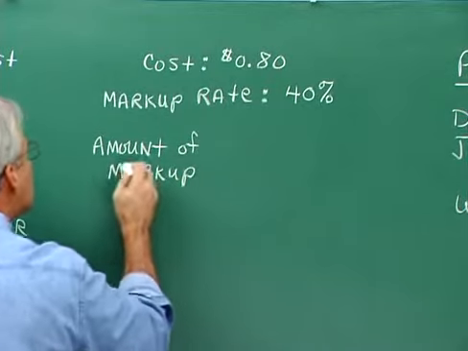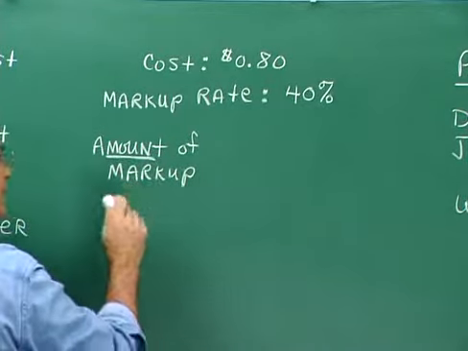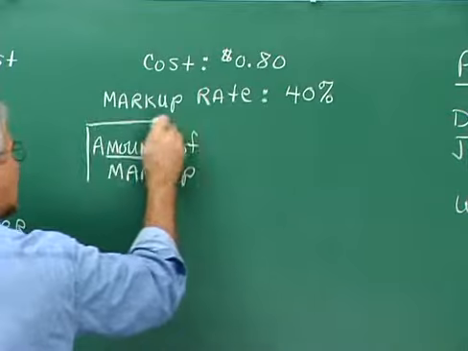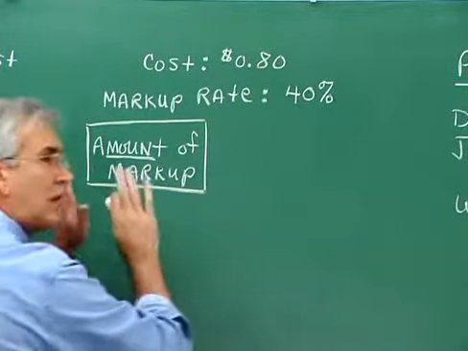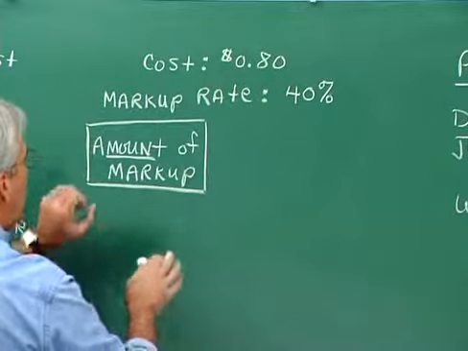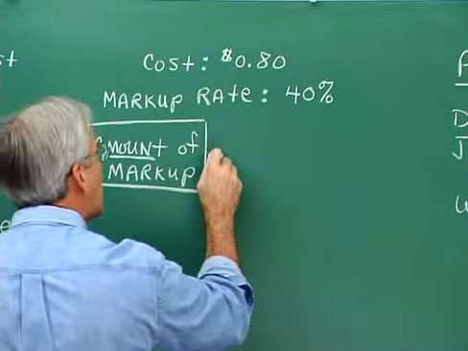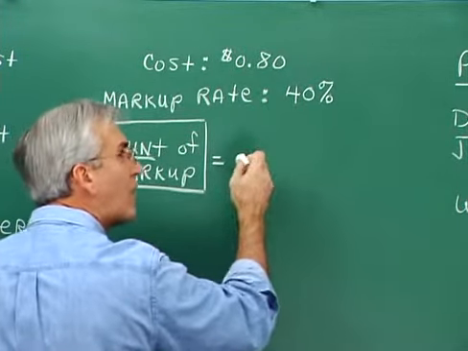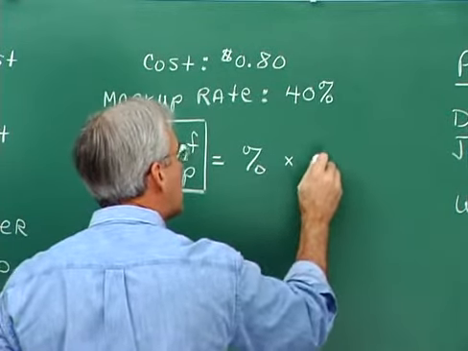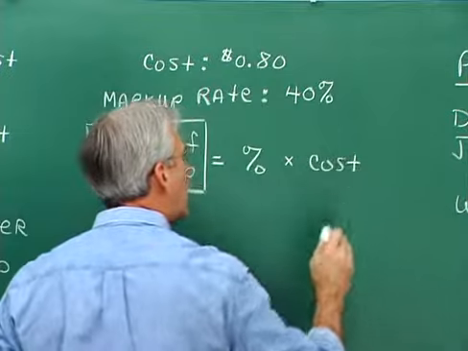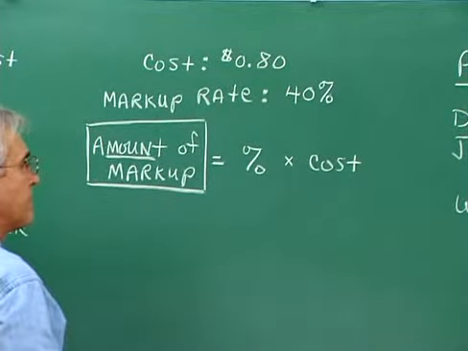Now, I am using this word amount just to emphasize that it's not a percent. You see, it's a dollar amount. But that amount of markup is equal to the markup rate, some percent, times the original cost. And you can just jot it down kind of like this.